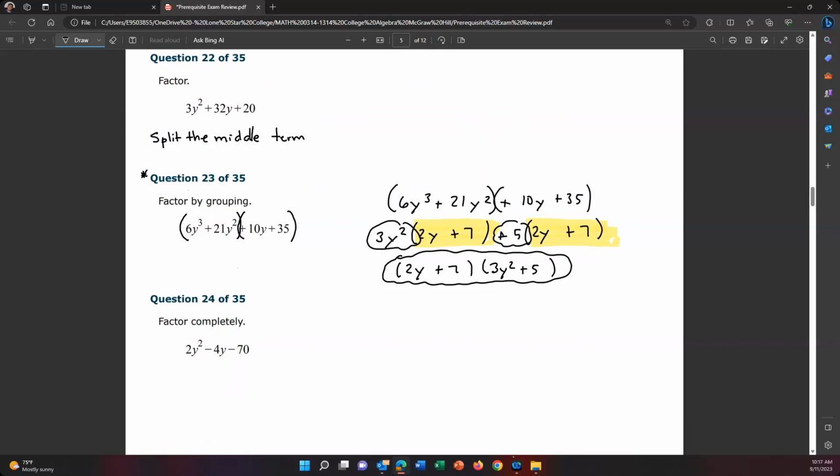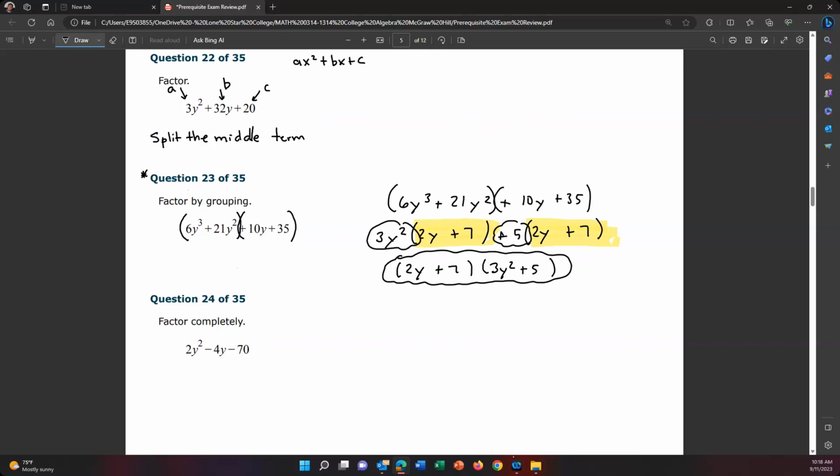In these type of examples, this coefficient is referred to as A, this coefficient as B, and this constant as C. So we're trying to factor trinomials or polynomials of this form, quadratics. There is an A, a B, and a C: the leading coefficient, the linear coefficient, and the constant.